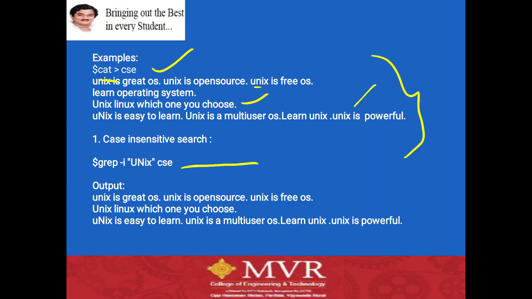So the output will be the first line because it contains Unix, the third line which again contains Unix, and the fourth line which again contains Unix. Only the second line will not be displayed because it doesn't have any pattern that matches the given Unix. So the Unix word is not there in the second line, that's why it will not be displayed in the output. So this is the first example.